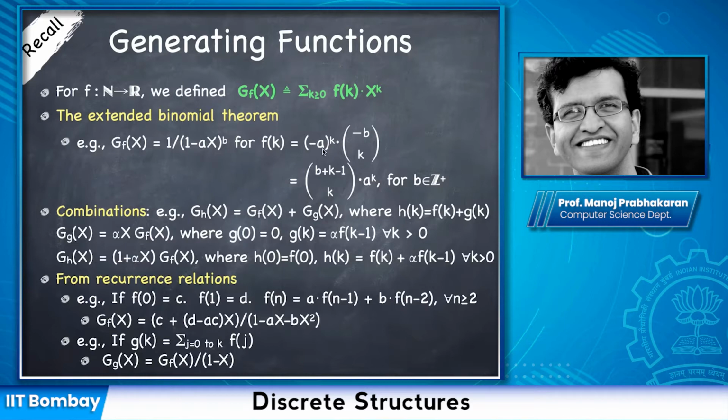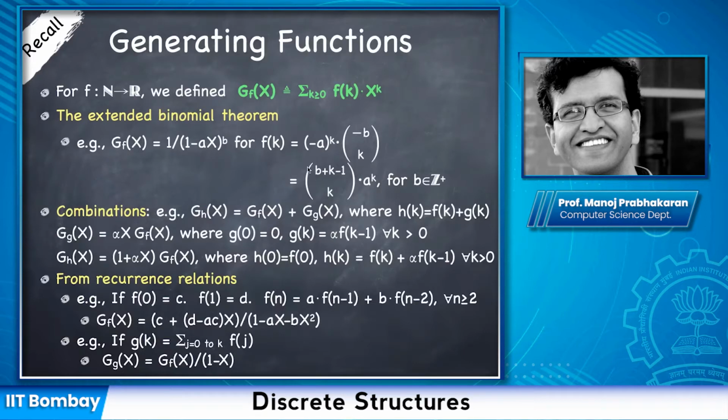So I had a minus a here, so there's a minus 1 to the power k, and these are k negative integers, minus b minus 1 all the way to minus b minus k plus 1.